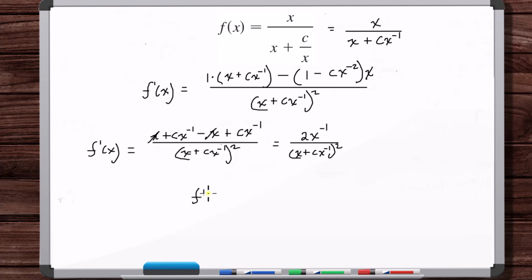So we can write this as x times x plus c over x squared. Okay, and then in the numerator we've got 2. Okay, wait a minute, I messed something up here. This is, okay.